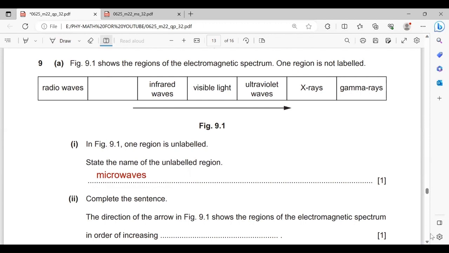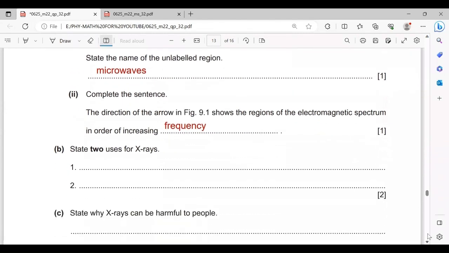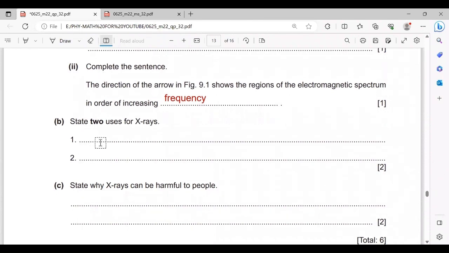What else? Number two. Complete the sentence. The direction of the arrow in figure 9.1 shows the regions of the electromagnetic spectrum in order of increasing frequency. Okay. State two uses for X-rays.